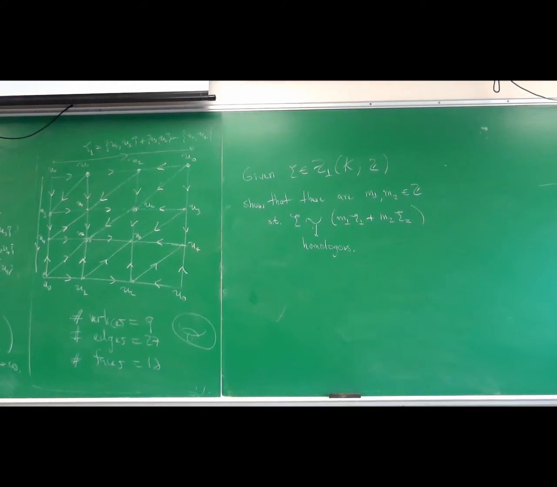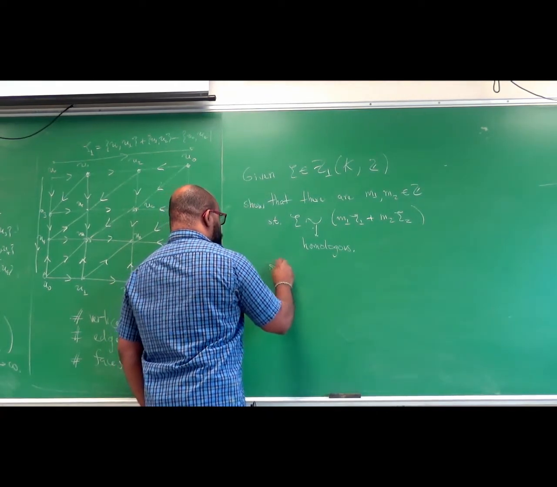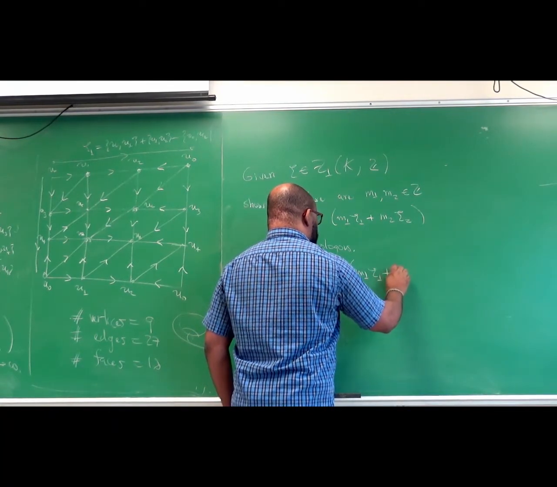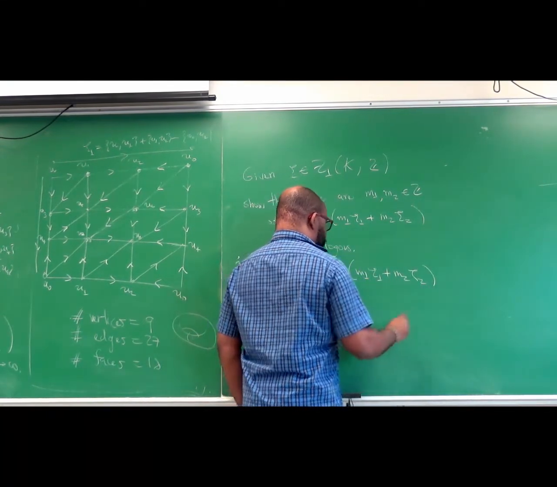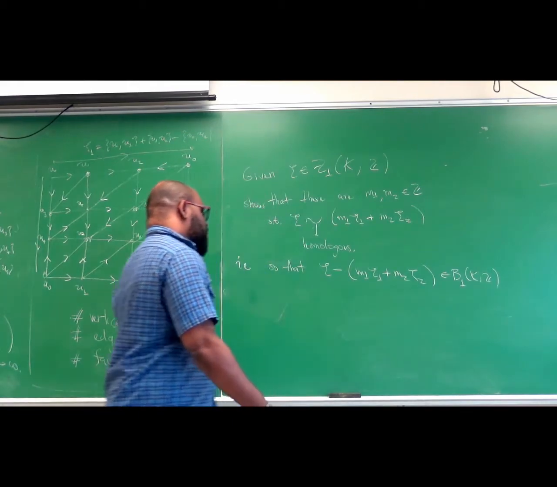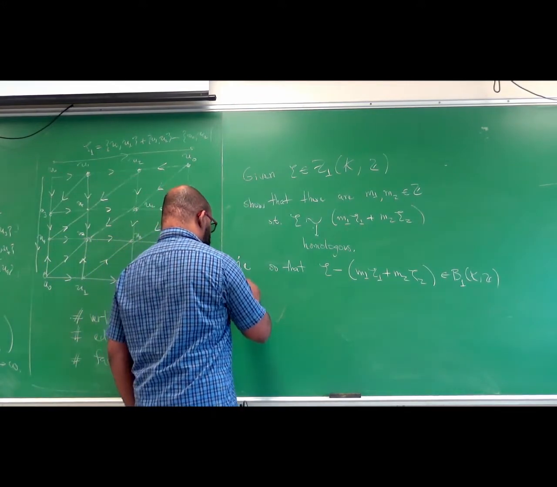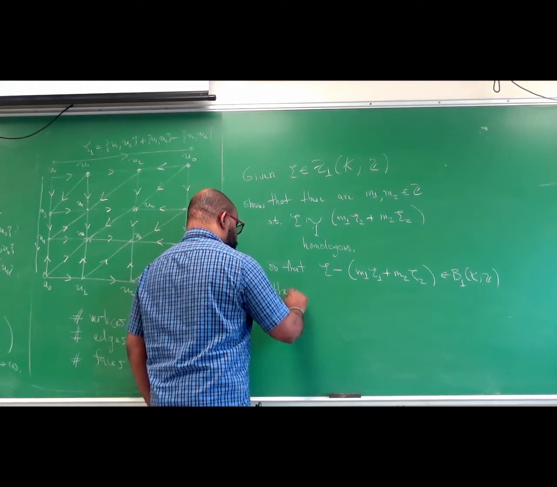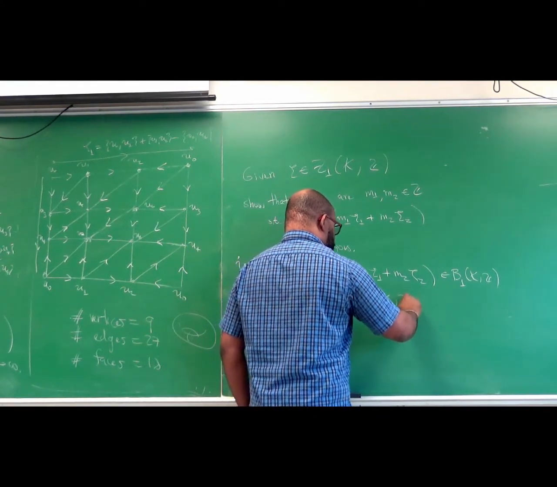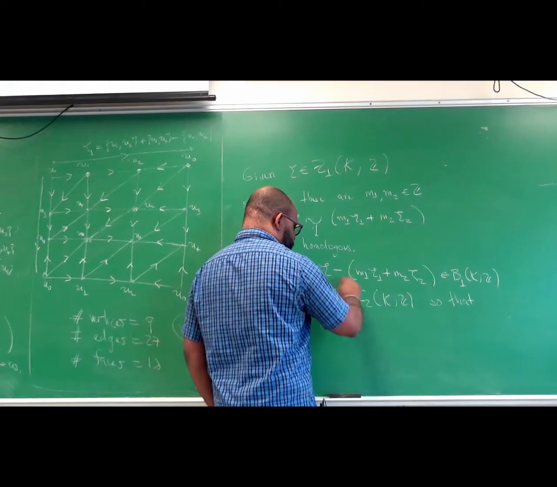It means that the difference is a boundary. And what does it mean to be a boundary? It means that there is some 2-chain such that when I compute its boundary, I get this guy.